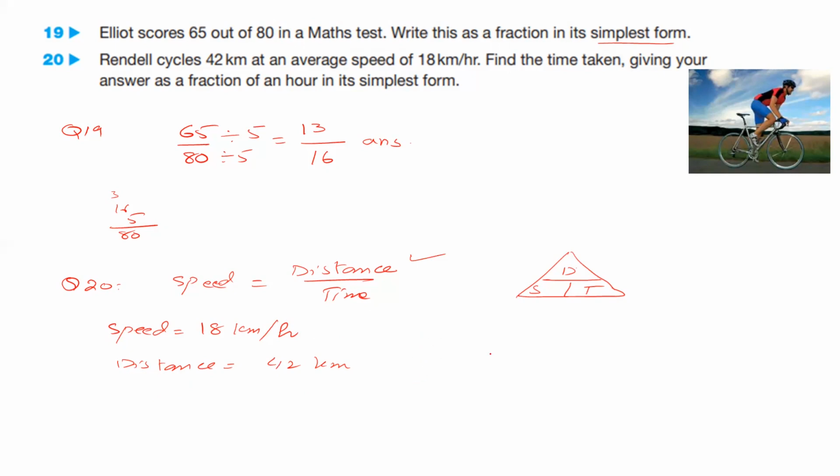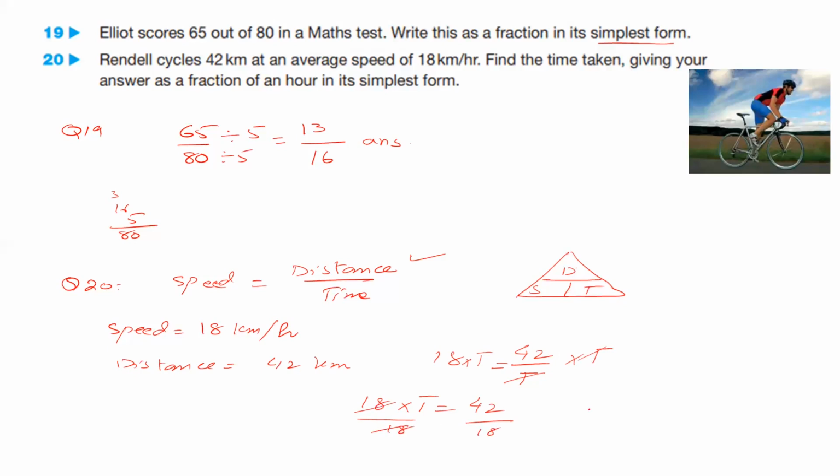So here we get 42 over time equals 18. It means we multiply both sides by t. We get 18 times t equals 42, since t cancels. Now we want t on the left side, so we divide both sides by 18.